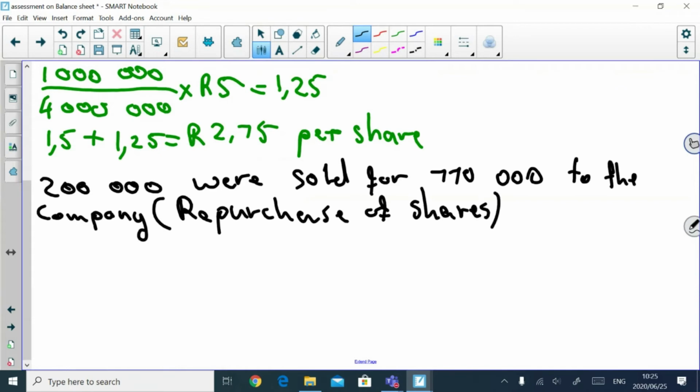So now what we'll do is we'll take the 200 shares that were repurchased times what? The average price per share. Do you remember we did calculate it? Okay.